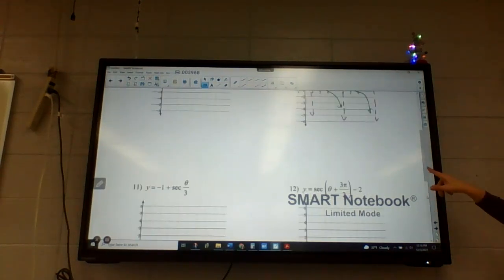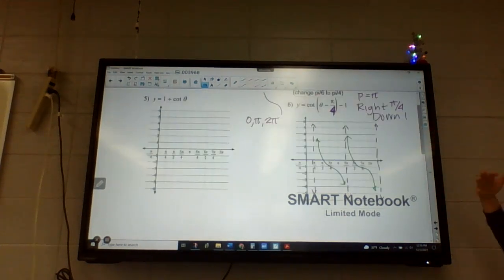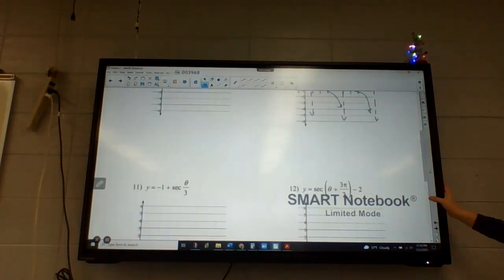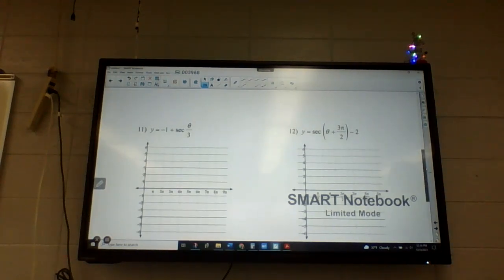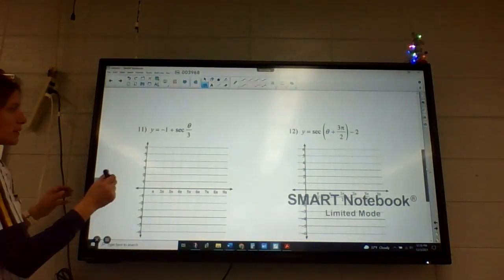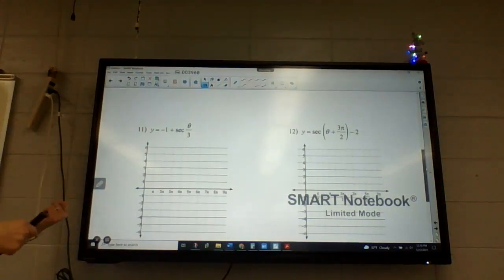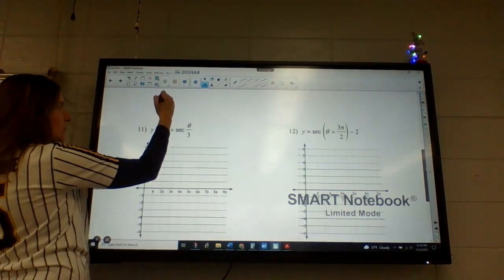Now, 11 and 12, I just threw them on here because I thought it would be good for us to still review some of those graphs that we've talked about recently, so you don't forget how to do those. These are both secant graphs, which means they both go with cosine. So I'm essentially going to graph cosine first, and then graph the secant.